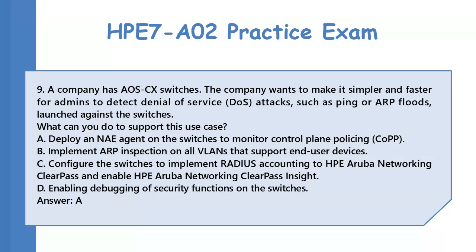B. Implement ARP inspection on all VLANs that support end-user devices. C. Configure the switches to implement RADIUS accounting to HPE Aruba Networking ClearPass and enable HPE Aruba Networking ClearPass Insight. D. Enabling debugging of security functions on the switches. Answer: A.